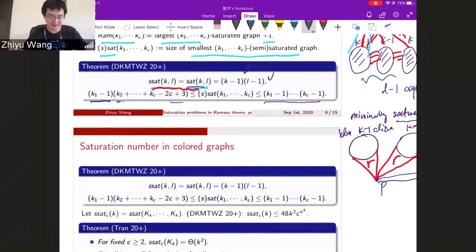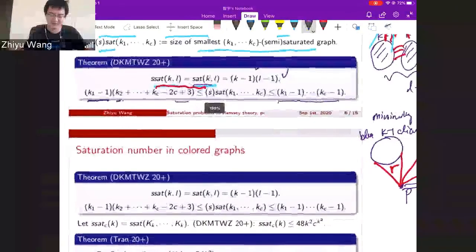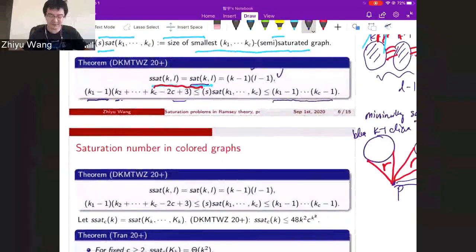Of course, you can switch the role of k1 with any other ki. The notation here is because we always know that the semi-saturation number is smaller than or equal to the saturation number, so I'm using a short notation to show that both are bounded below and above by that.